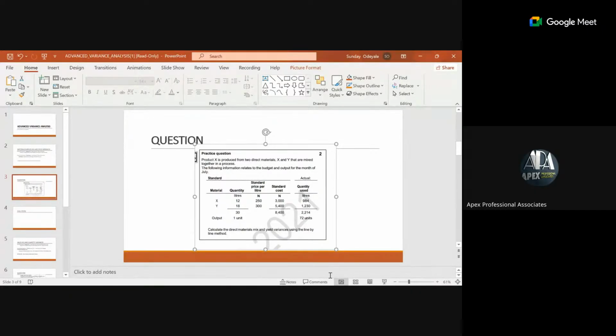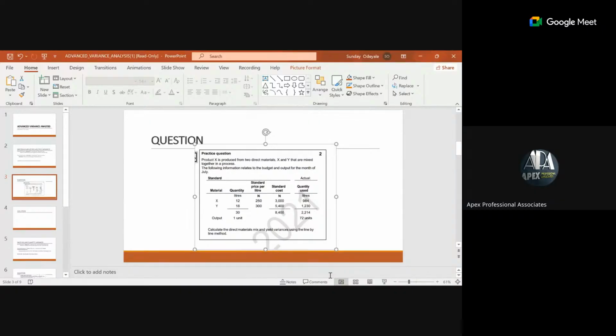You will understand why we should have this later. So the output for the standard is just 1. That means we are expected to use 30 liters combined, 12 liters of X and 18 liters of Y, to produce just one product X. Now the standard price is here and the standard cost is also there.